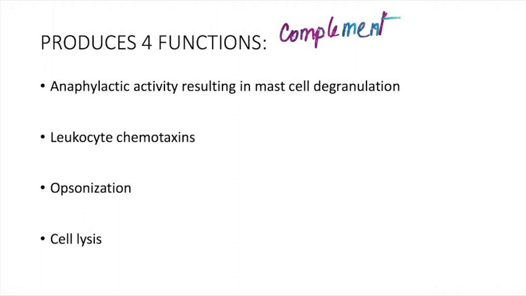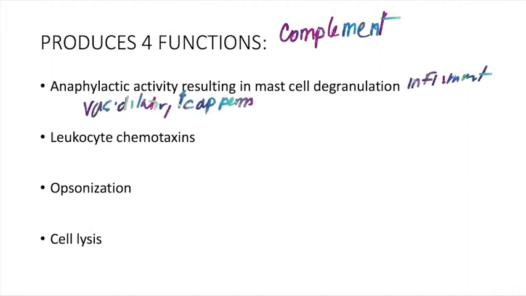We are going to get anaphylactic activity resulting in mast cell degranulation. So what happens with C3a and C5a, that's that inflammatory response that was labeled, right? It is going to release the granular contents of the mast cell, release histamine, causes vasodilation, and increased capillary permeability.